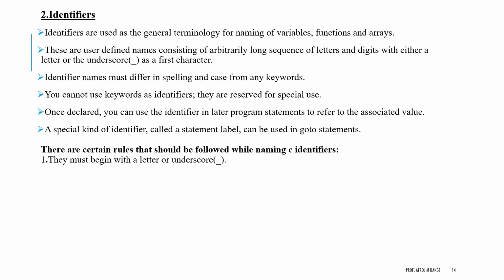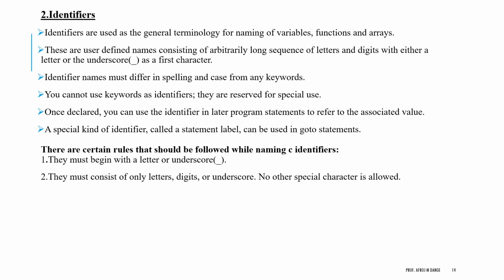There are certain rules that should be followed while naming C identifiers. They must begin with a letter or underscore. They must consist of only letters, digits, or underscore. No other special character is allowed. It should not be a keyword.